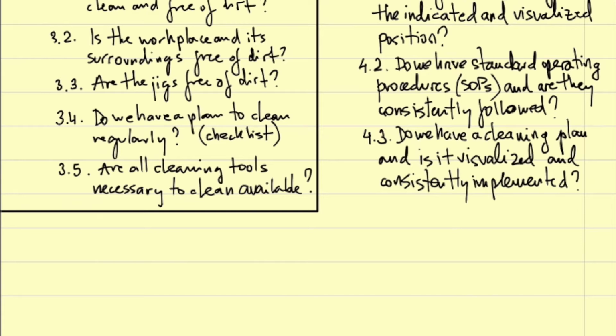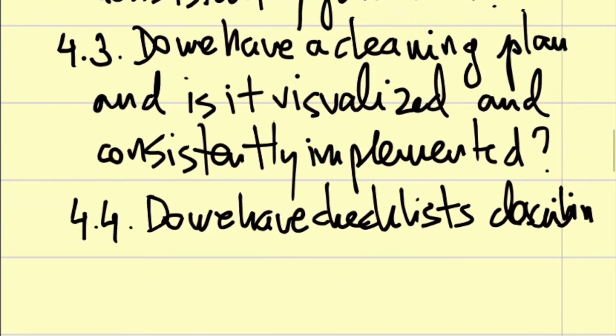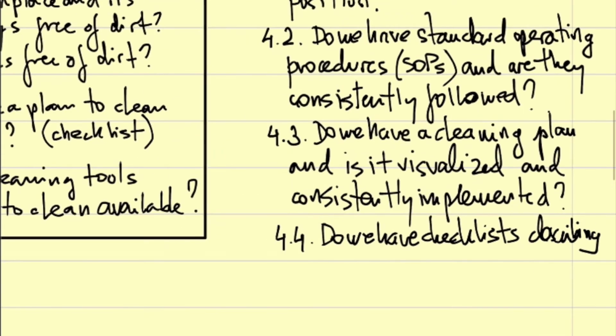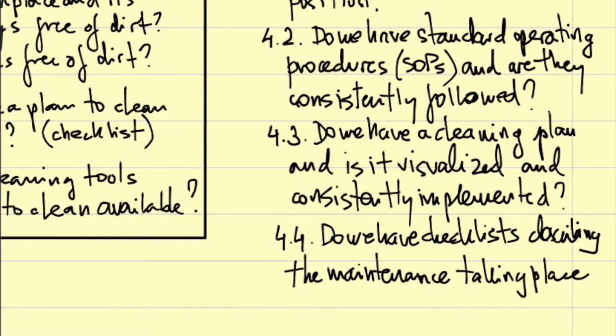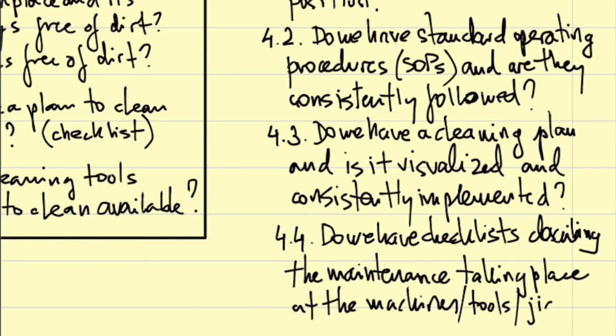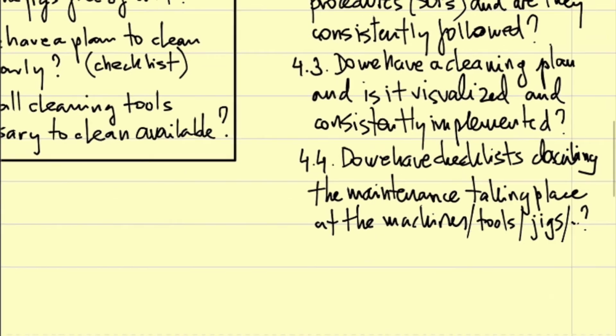4.4: do we have checklists describing the maintenance taking place at the machines, tools, jigs? 4.4 is like the tooth seagull, for instance.